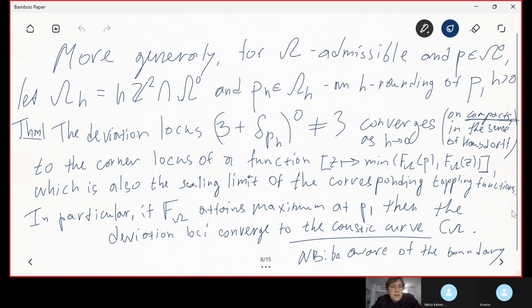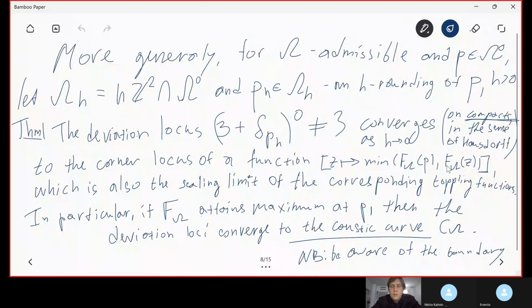Then the claim is that the locus where the relaxation of a perturbation of the maximal stable state at this point differs from 3 converges to a very specific omega tropical curve, which is given just by slicing the tip of this pyramid that we've seen. So we add the constant term, if you like, to this omega tropical series.